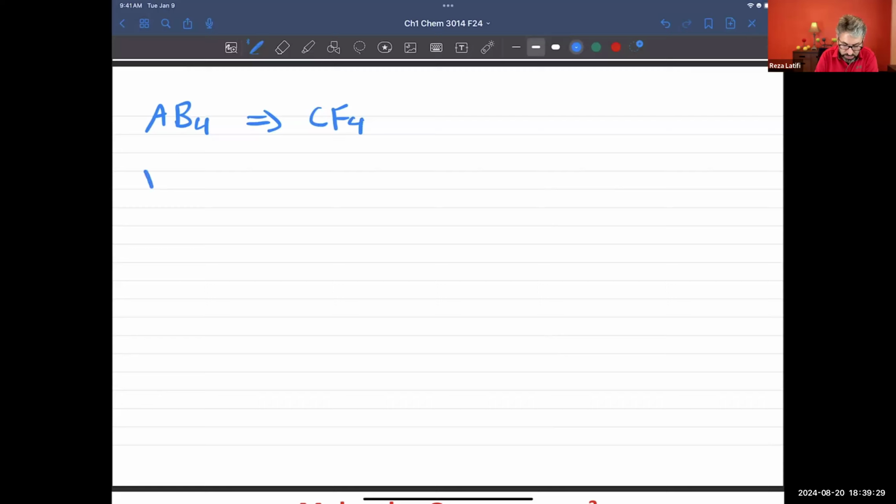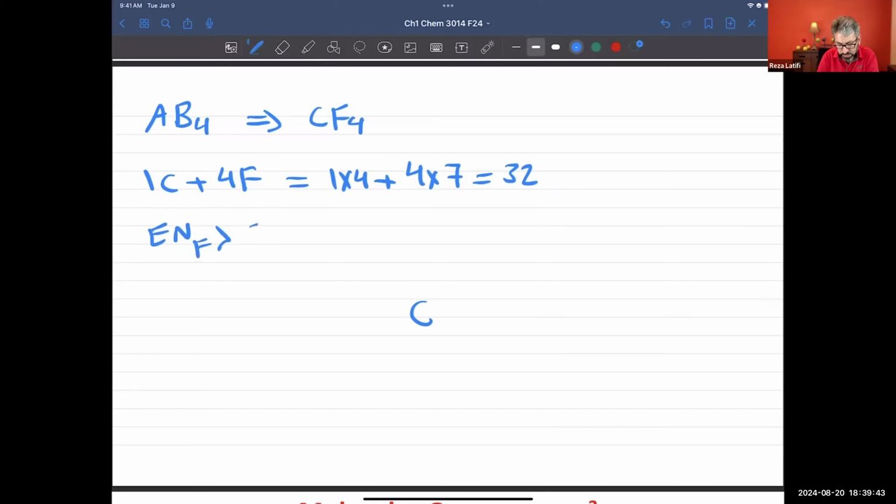So I go 1 carbon plus 4 fluorine: 1 multiplied by 4 plus 4 multiplied by 7. I get 32 electrons. Carbon is the central atom because it has less electronegativity than fluorine.